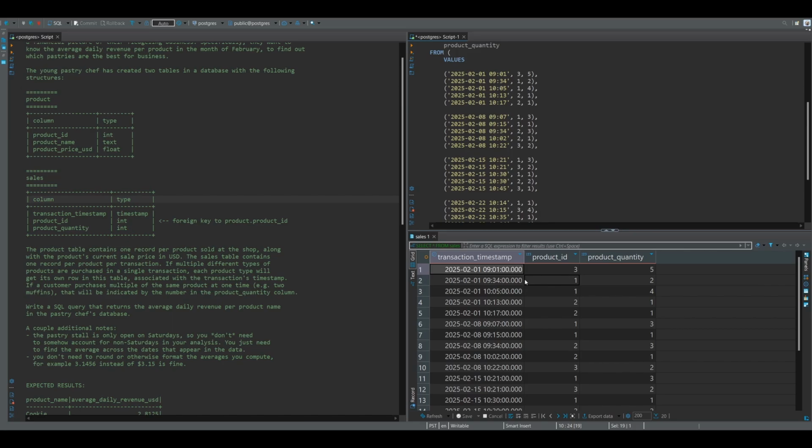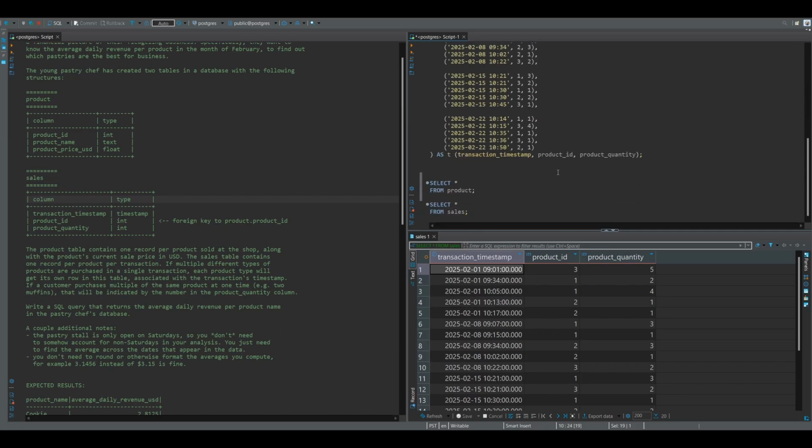We need to write a SQL query that returns the average daily revenue per product name in the pastry chef's database. And a couple additional notes here. The pastry stall is only open on Saturdays, so you don't need to somehow account for non-Saturdays in your analysis. You just need to find the average across the dates that actually appear in the data you're given.